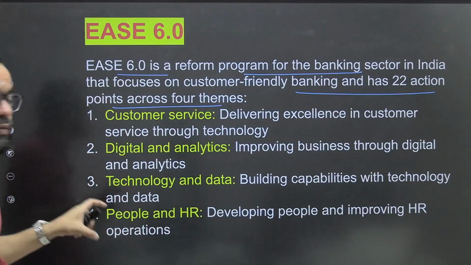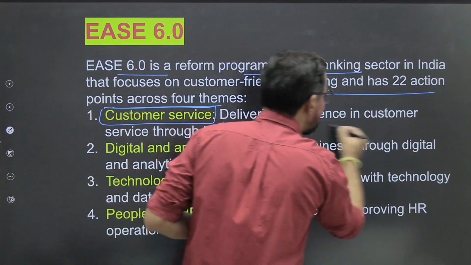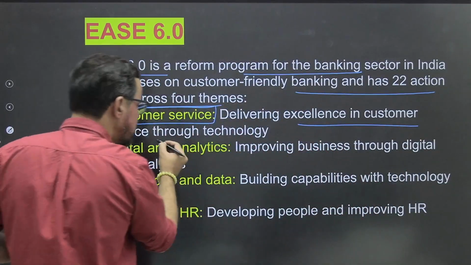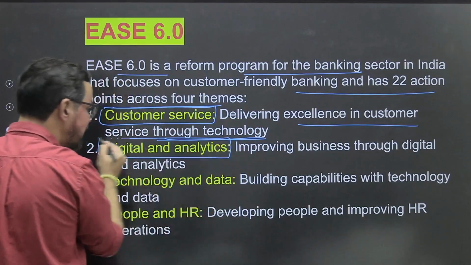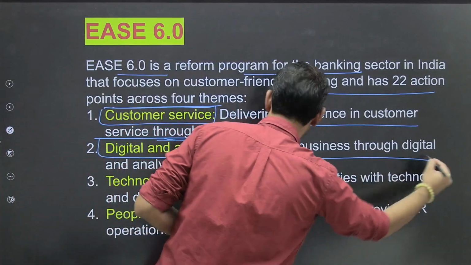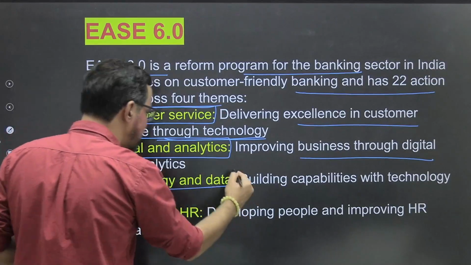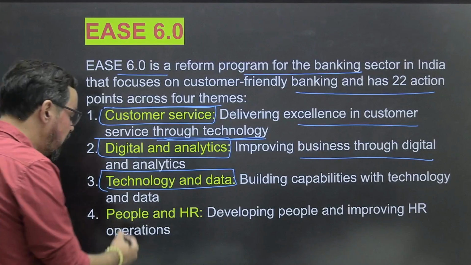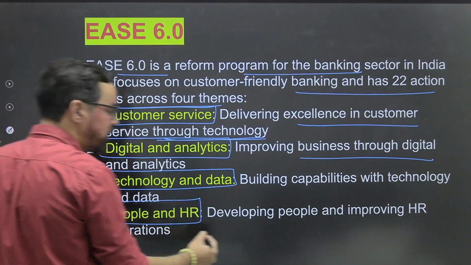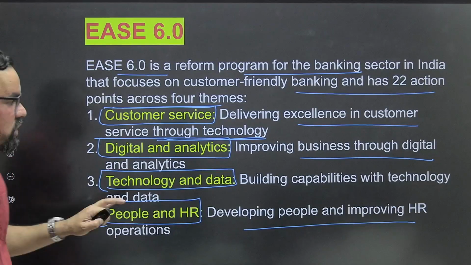The first is customer services, developing excellence in customer services through enhanced technology, digital and analytics. Improving business through digital and analytics, use of AI and all. Technology and data, building capabilities with technology and data. And people and HR, developing people and improving HR operations. So this was the core agenda.